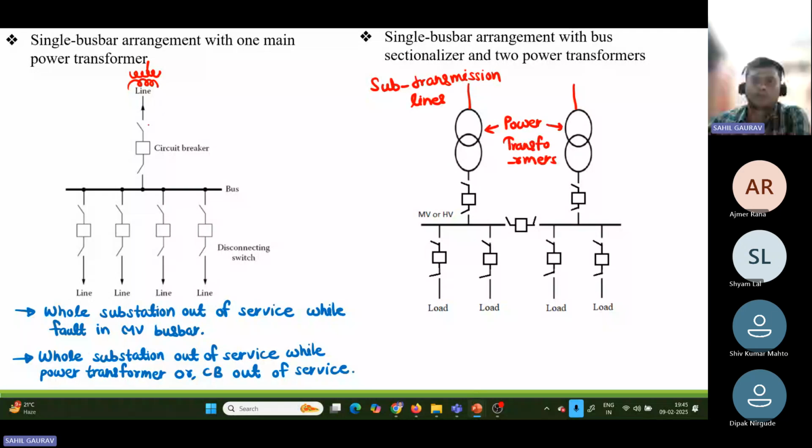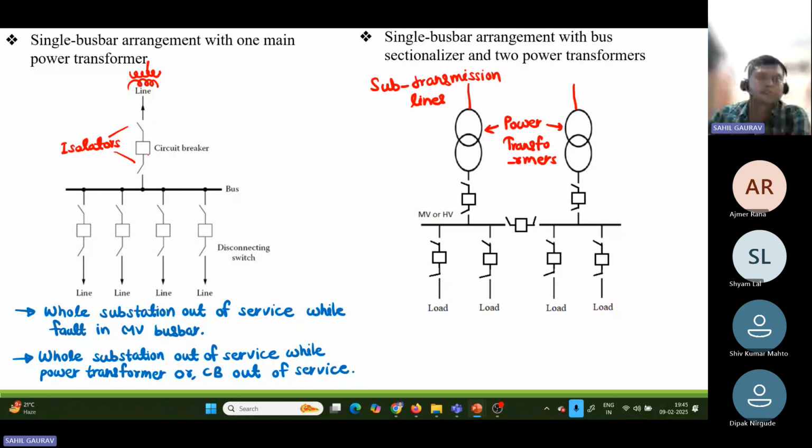And this is an isolator. We know that at both ends of a circuit breaker we have isolators. So isolators are used when we require maintenance of the circuit breaker.